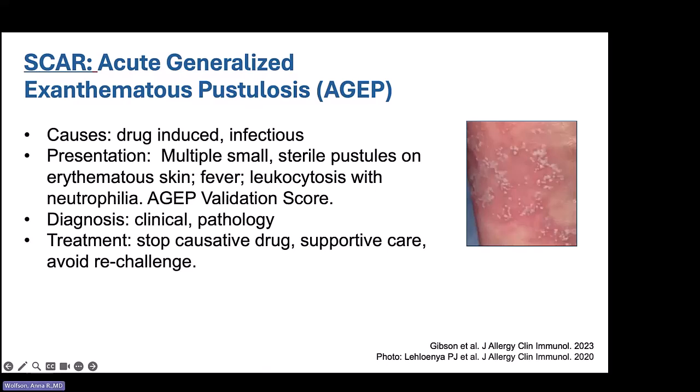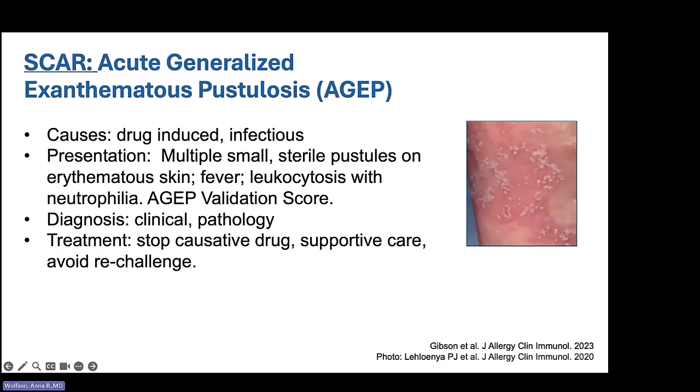So moving on, another example of a SCAR is acute generalized exanthematous pustulosis, AGEP. This can be infectious, so it's not always drug-induced. The presentation is with these multiple small sterile pustules on a background of erythematous skin. Patients will have fever and leukocytosis as well as neutrophilia. And there is, again, an AGEP validation score.